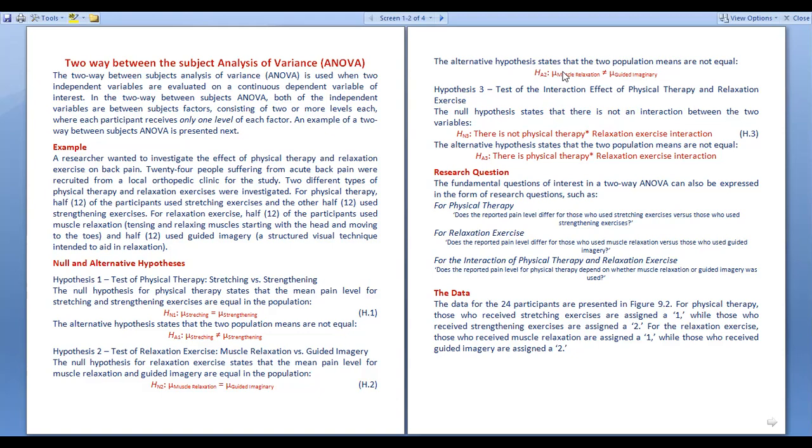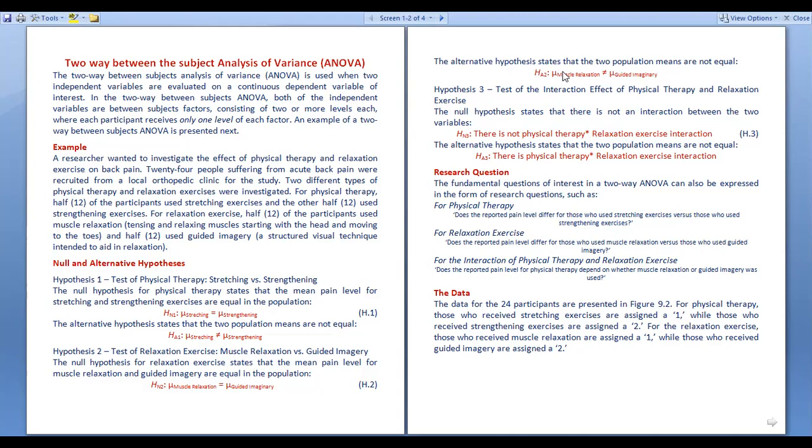So if you look at the example, we have got two independent variables, that is physical therapy and relaxation. How they are affecting back pain is to be taken up. Physical therapy and relaxation are in categorical or nominal form, and back pain is in scale form. We have the sample size of 24 people suffering from acute back pain, who have been given physical therapy and relaxation exercise.